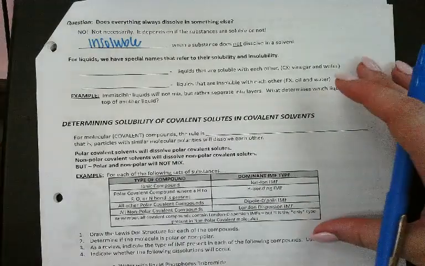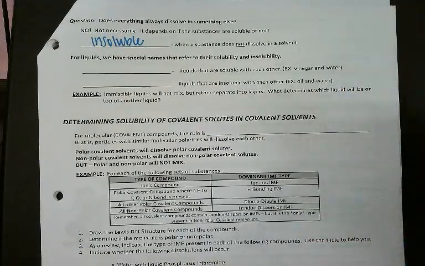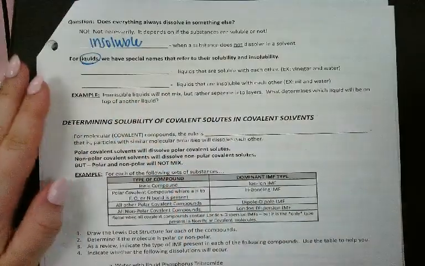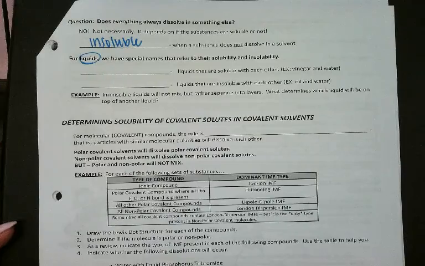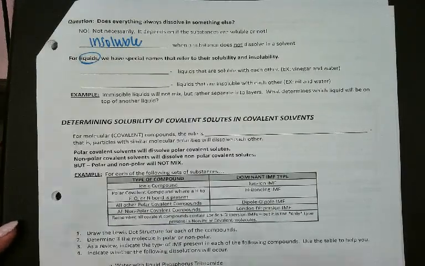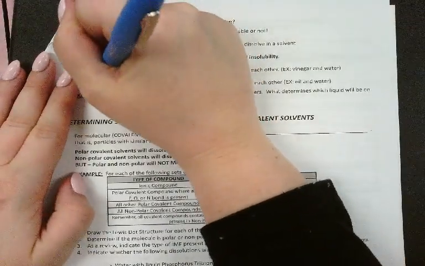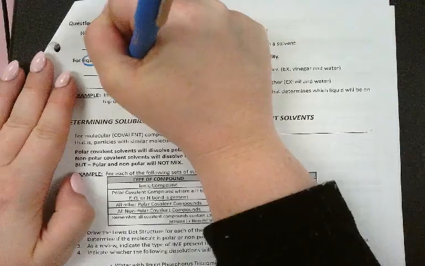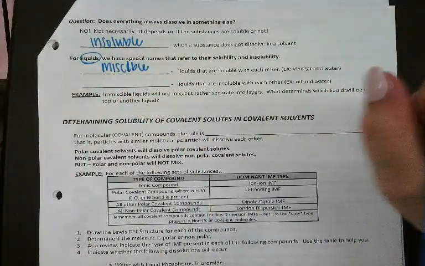Now for liquids, we have special names that refer to the solubility and insolubility. When you have liquids that are soluble with each other, like vinegar and water, they are miscible.